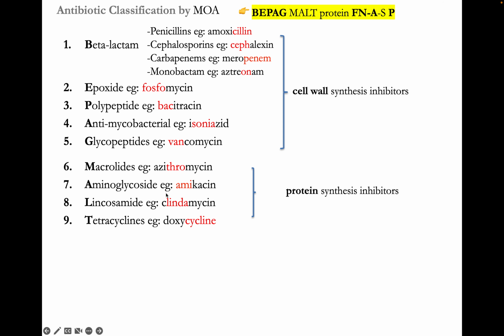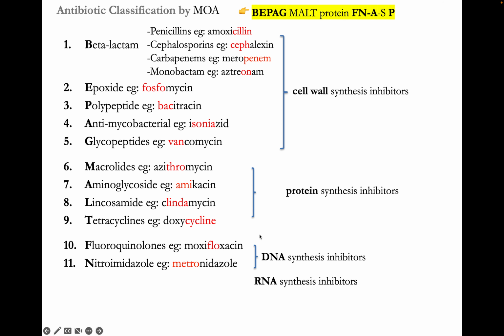These are bacteriostatic. Next large class, these are nucleic acid synthesis inhibitors. Keep in mind, there are two types of nucleic acid, DNA and RNA. So both are bactericidal, FNA, this one. Okay, let's look at the DNA synthesis first. Fluoroquinolones, example, moxifloxacin.